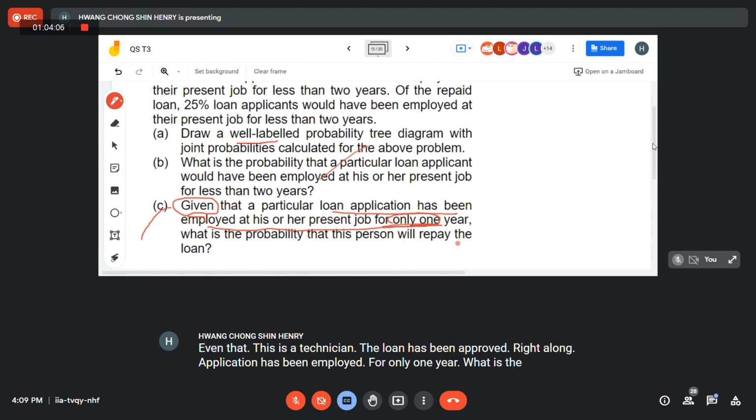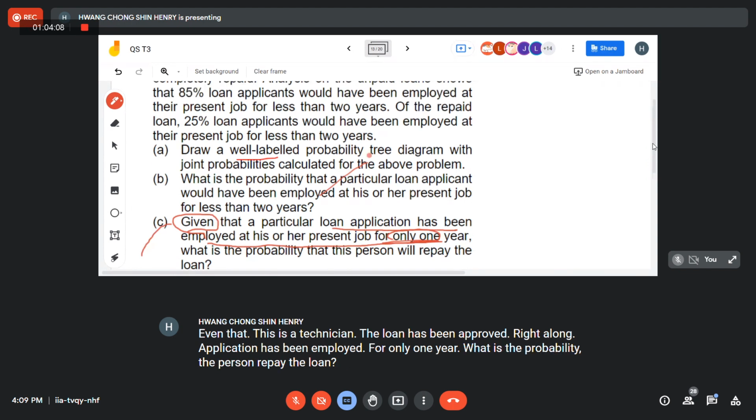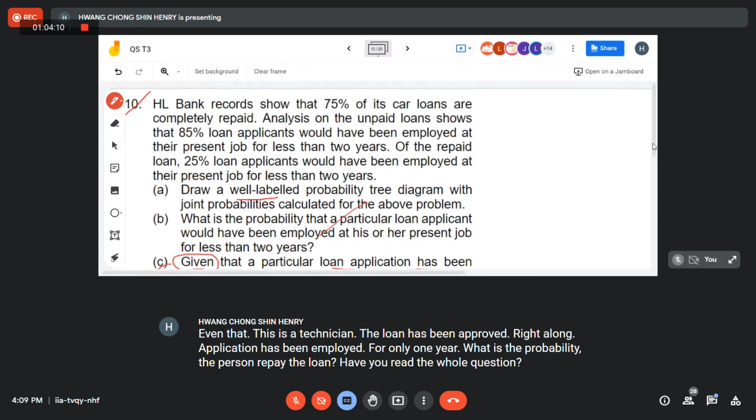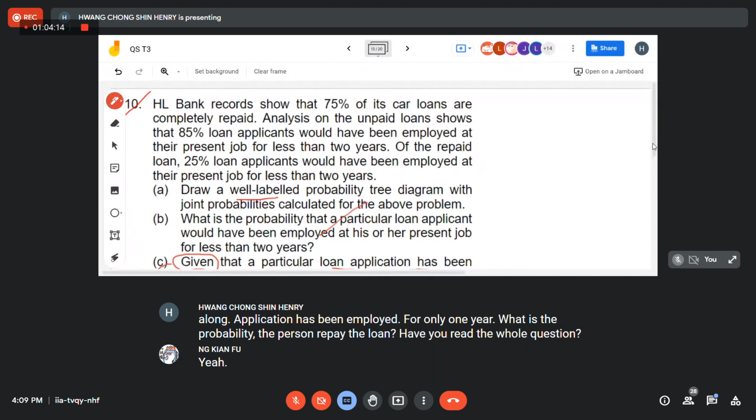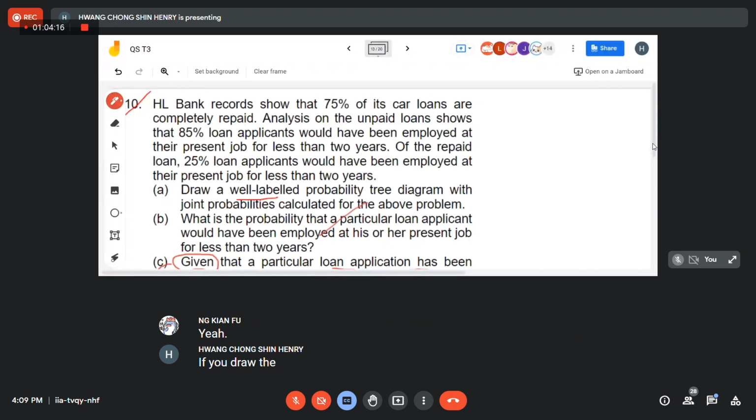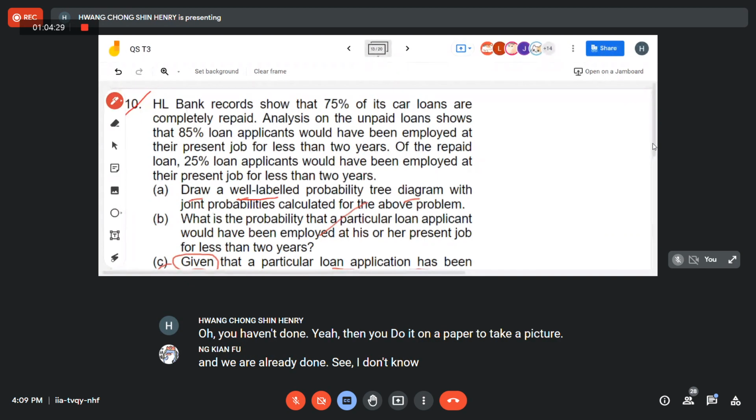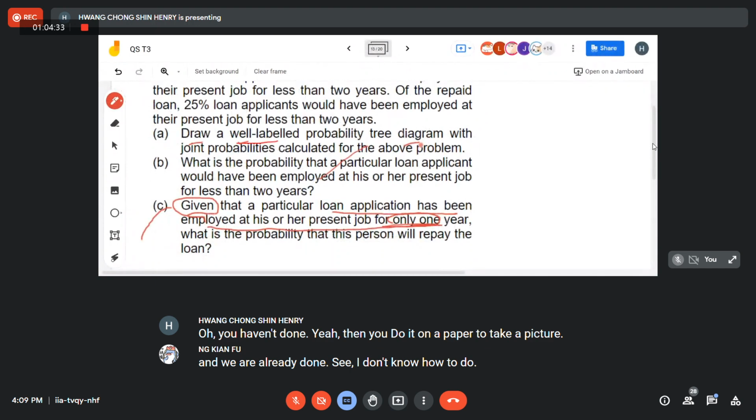What is the probability the person repays the loan? Have you read the whole question? Yeah. Have you drawn the tree? Yes. But I have not done C yet. Oh, you haven't done it yet. Then A and B I have on paper, already done, take a picture. C I don't know how to do. Try again.